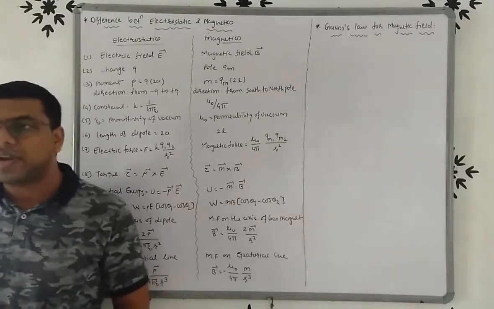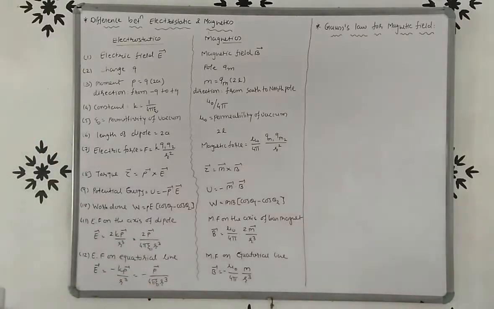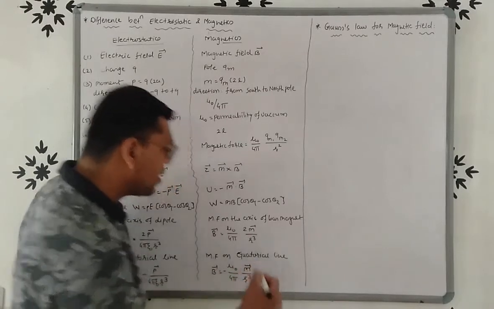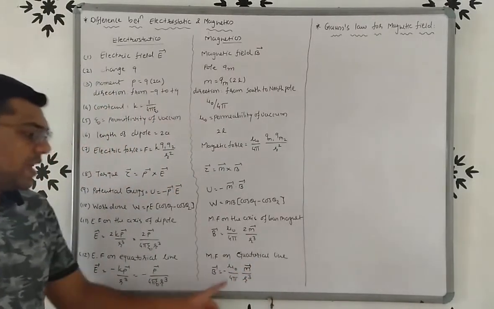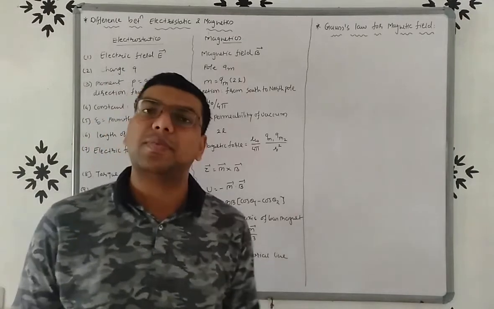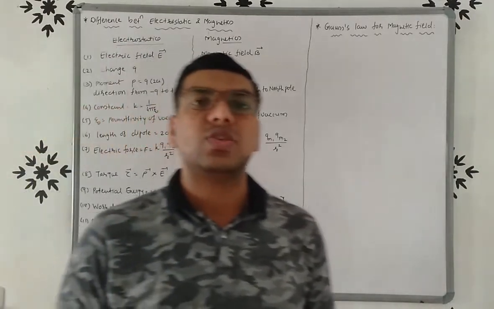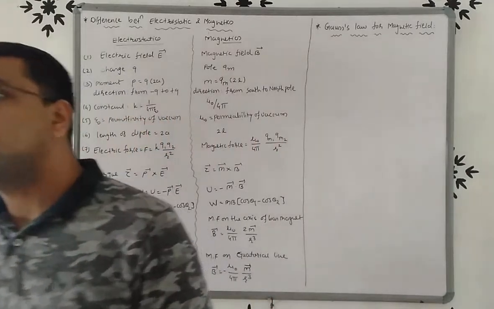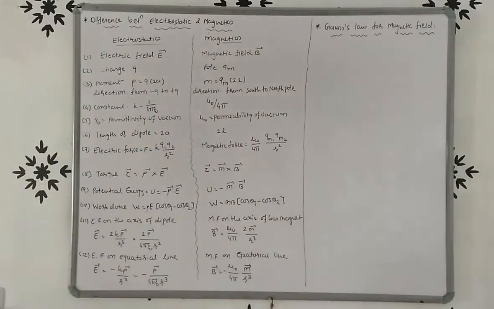So friends, this is the difference, or you can say the comparison, between electrostatics and magnetics. Here magnetic dipole moment is a vector quantity, so minus mu 0 by 4 pi vector m upon r cube. So this is the comparison between electrostatics and magnetics.